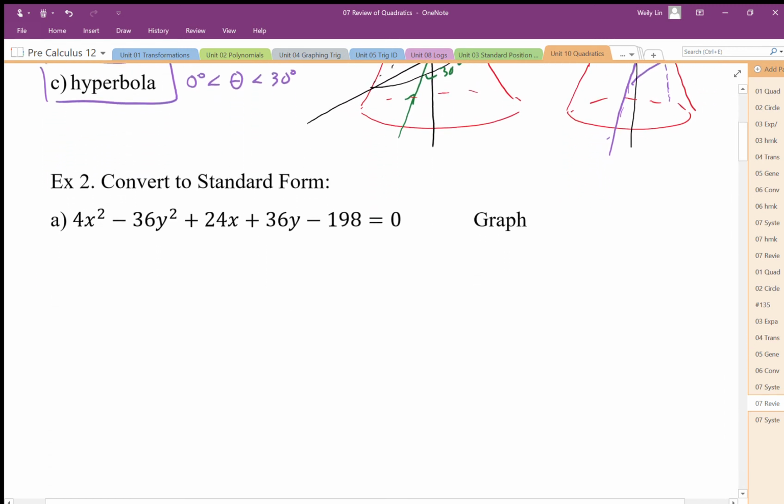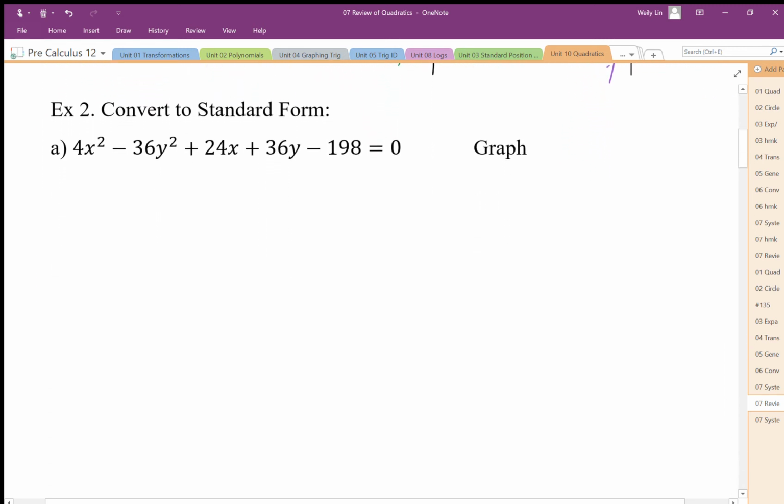Okay, so let's try one of these problems. We're going to convert this from general form to standard form. So we're going to want to group these terms. We're going to group the x terms together, and we're going to group the y terms together.